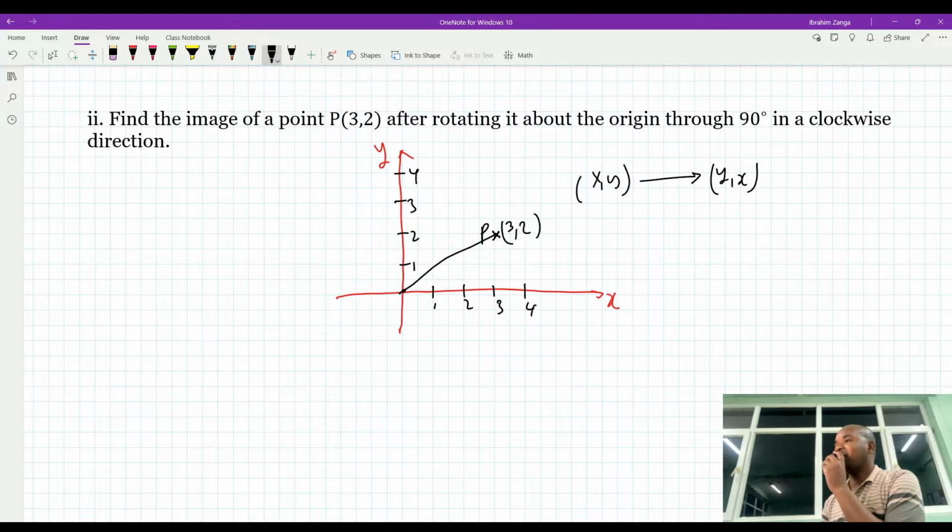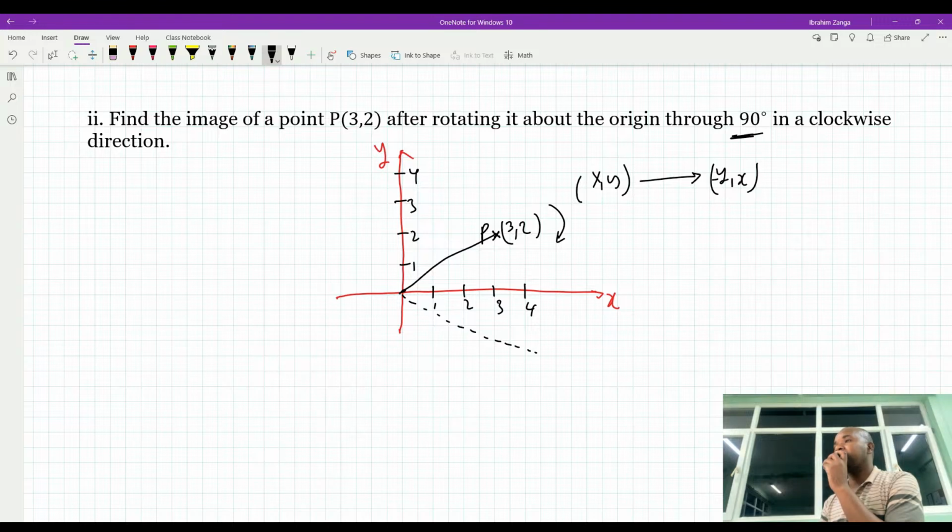Mind you, we are rotating in the clockwise direction. So if it is in the clockwise direction, we're going to have a transformation where we have negative y, x.